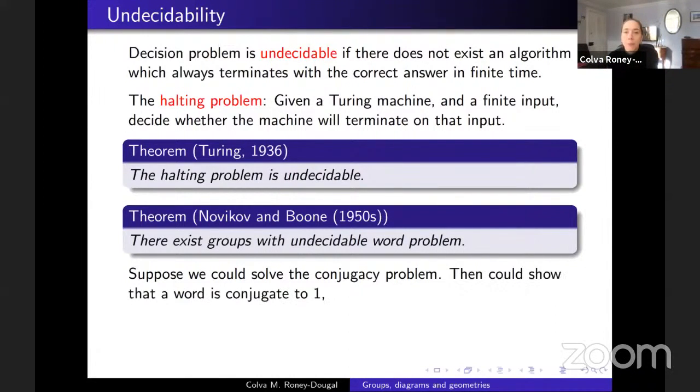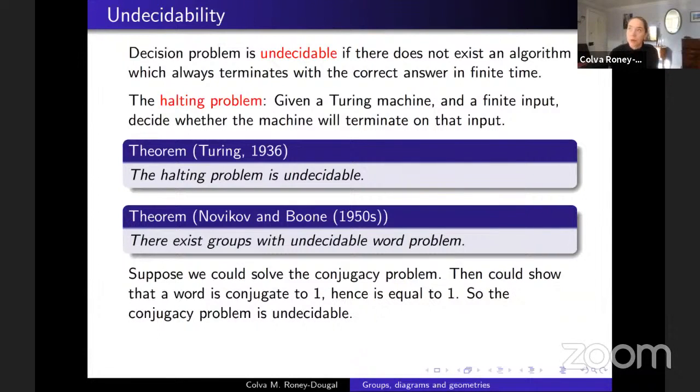Well, if I could solve that problem, then I could show that a word is conjugate to 1. So I pre-multiply W by something inverted, and post-multiply it by something, and I get to the identity. Rearranging that would mean that my word W was equal to 1, which would mean that I had solved the word problem, which I can't do. So the conjugacy problem is also undecidable.